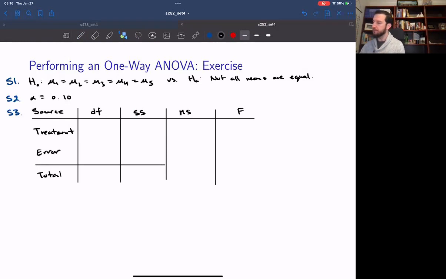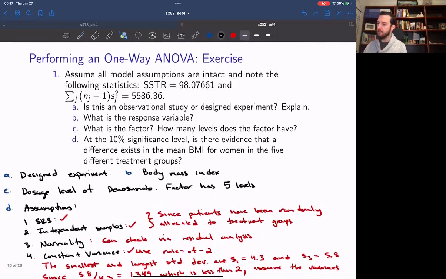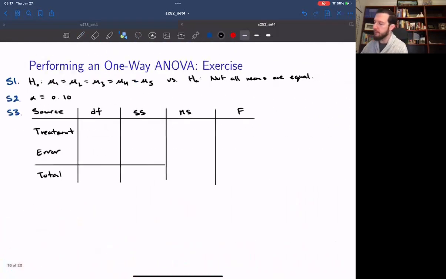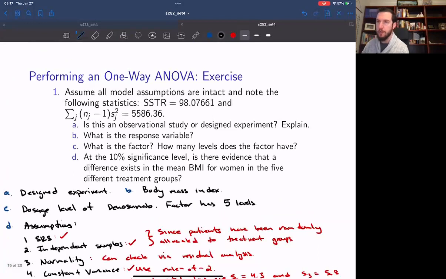Okay, so what we have to do now is start filling in the table. So the easiest value to knock off first, well, actually, there's two values that are given to us. So from the previous slide, we're told that SSTR is 98.07661. Okay. And we're told that the error, the SSE, though not given to us in expression, is given to us in terms of its defining formula.